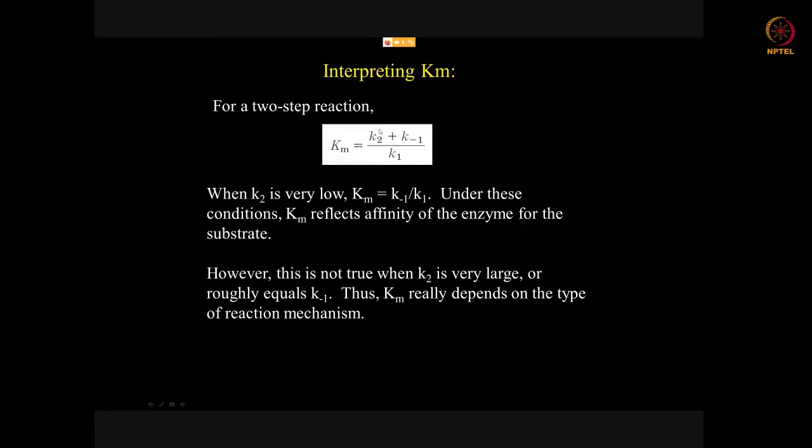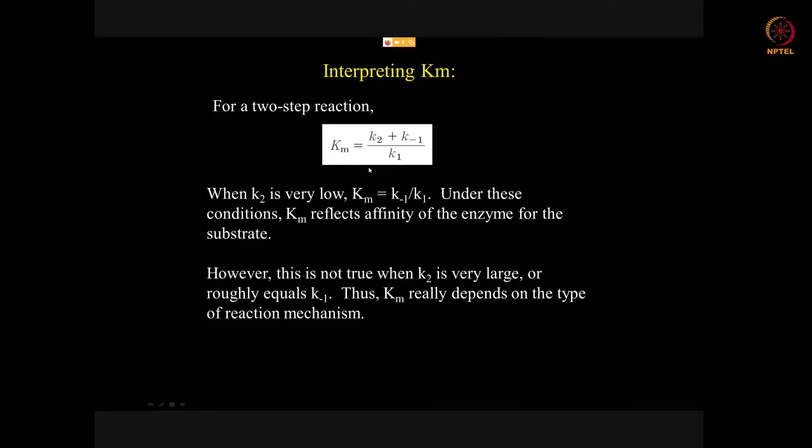If you take K2 out of this equation, then this is the rate of formation of ES, and this is the rate of breakdown of ES. So this is E plus S in a reversible equilibrium with ES, which would simply be like ligand receptor binding. The dissociation constant is what Km will be. Under that condition, obviously this will indicate the affinity.